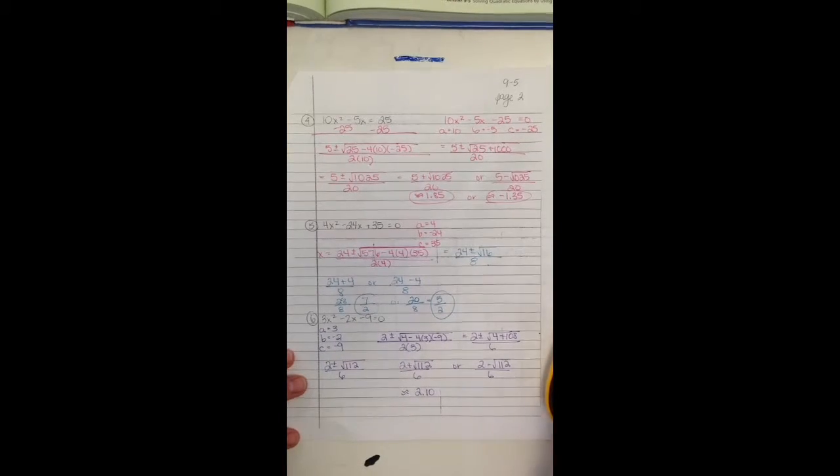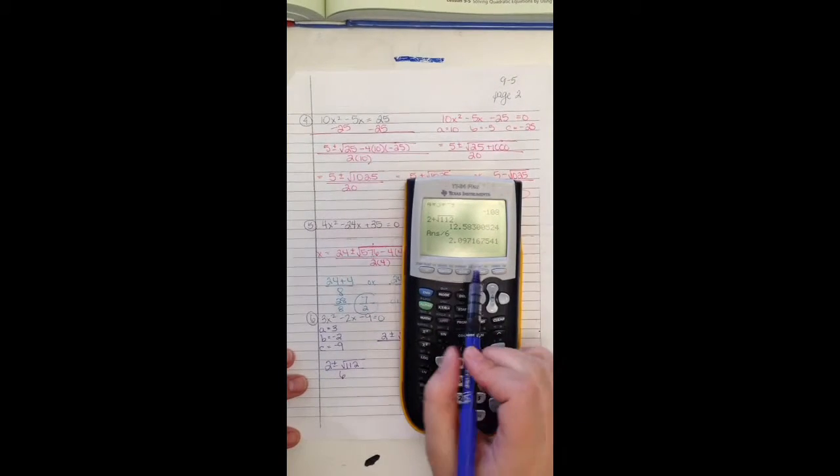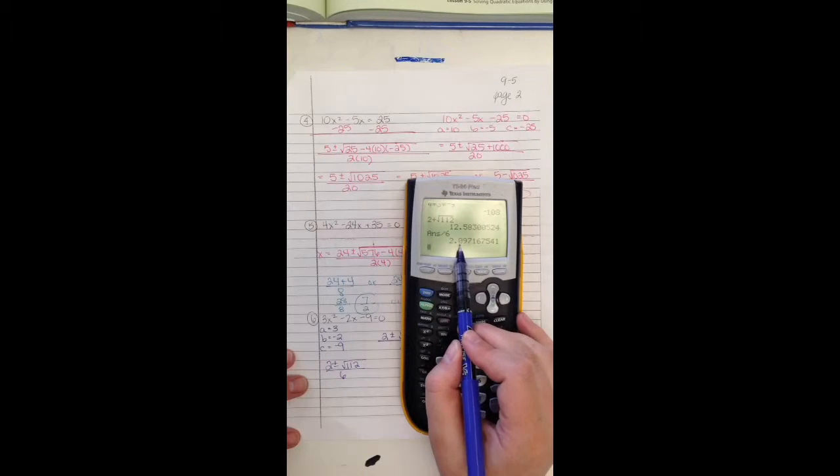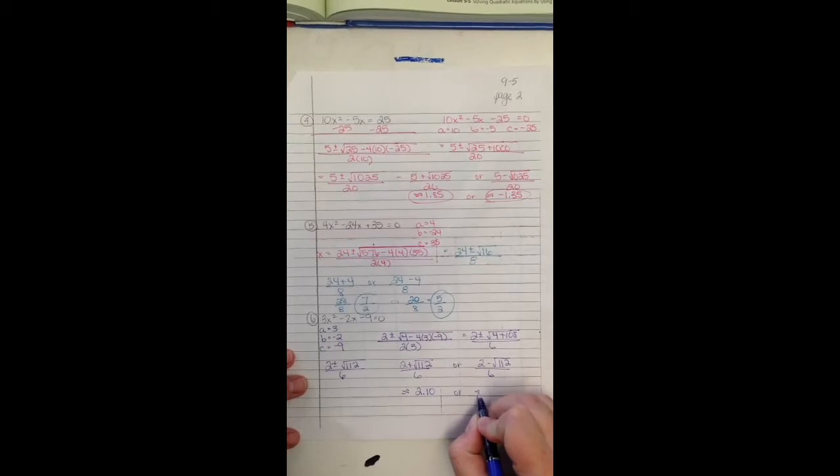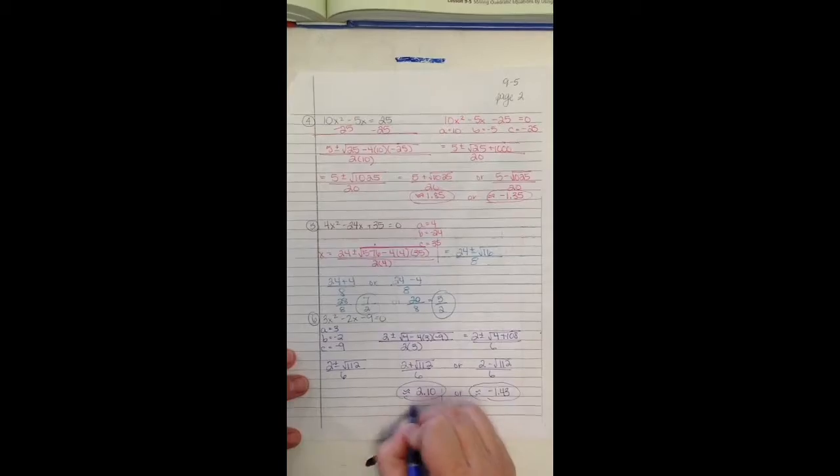It becomes 10 because it's actually 0.097, but if I round that 9, it becomes a 10, so you have to leave that 0 behind there. Or 2 minus the square root of 112 divided by 6 gives me an approximate answer of negative 1.43. Those are my two approximate solutions.